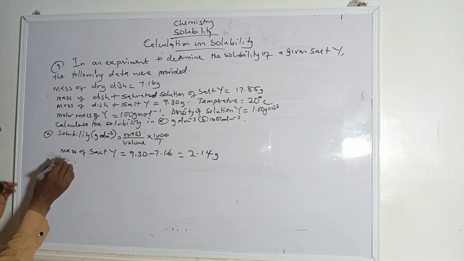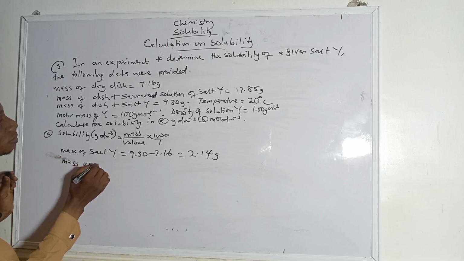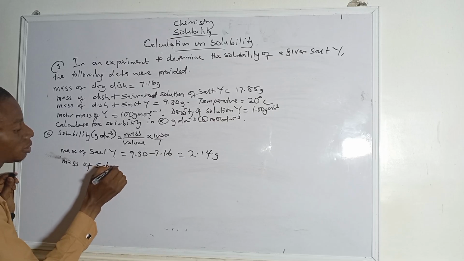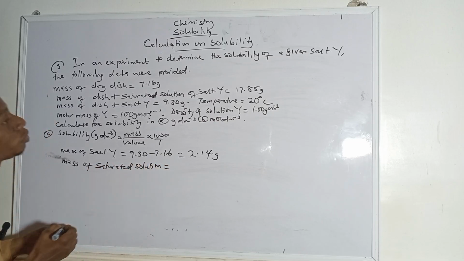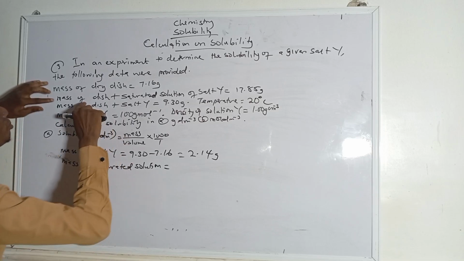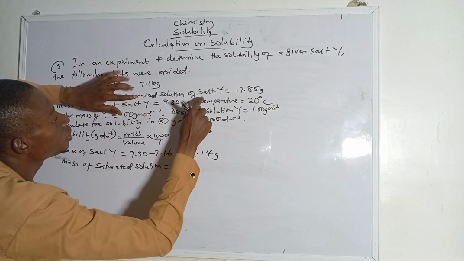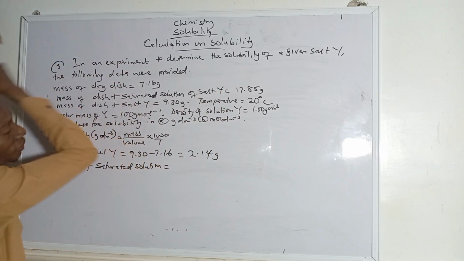Then the second one, mass of saturated solution. If you look at this one, this is the mass of dish plus saturated solution of salt water. So if you want to get the mass of saturated solution, you remove the mass of dish from it.